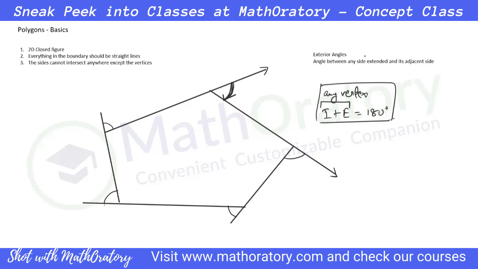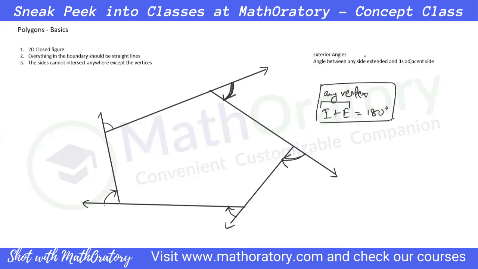Your tip of the pen should be pointing in this direction, right? Similarly, move this angle. Once you move this angle, your pen will be pointing in this direction. Complete this. So move this angle, and your pen will be pointing in this direction. Complete this angle.